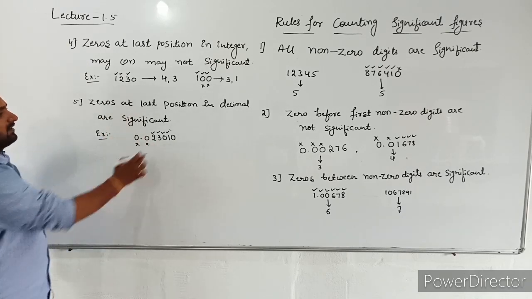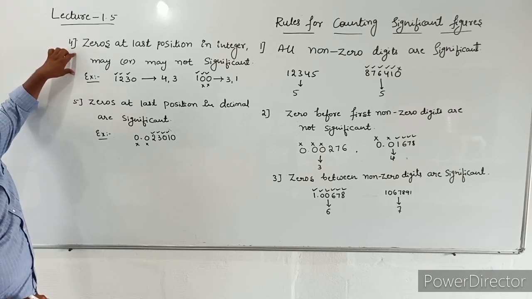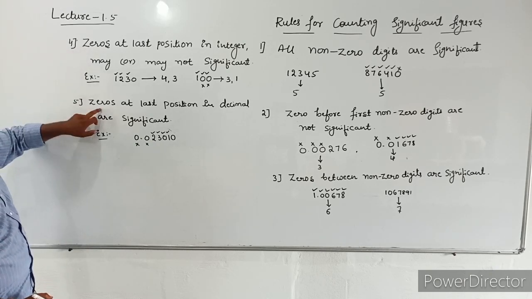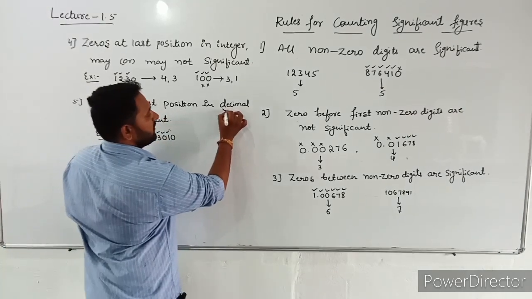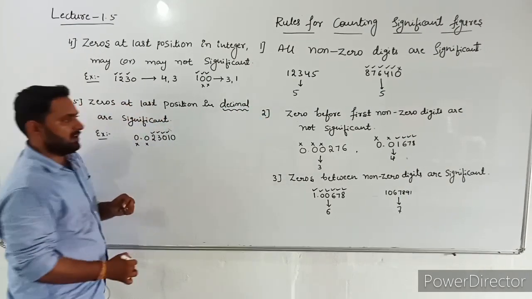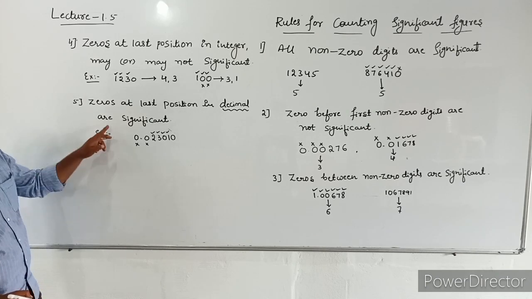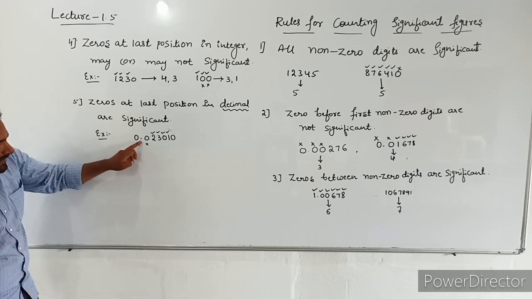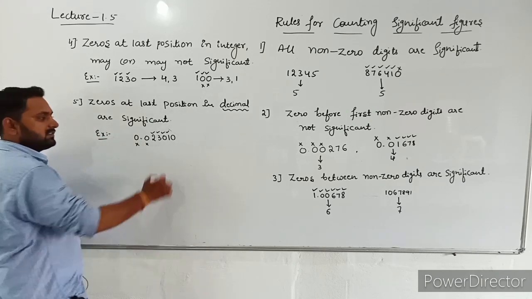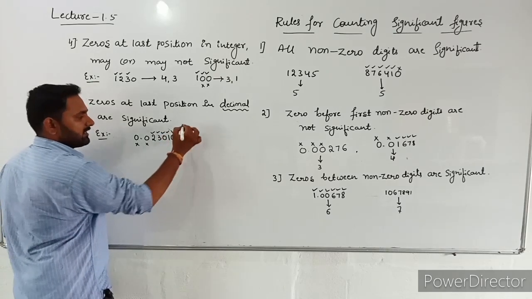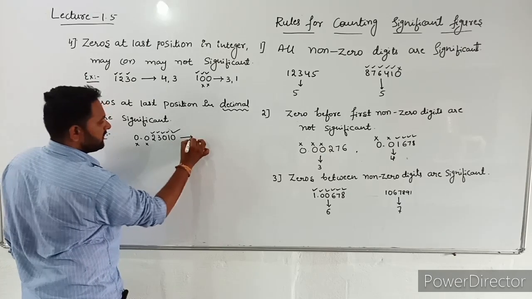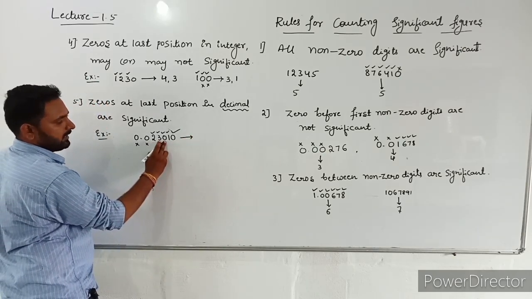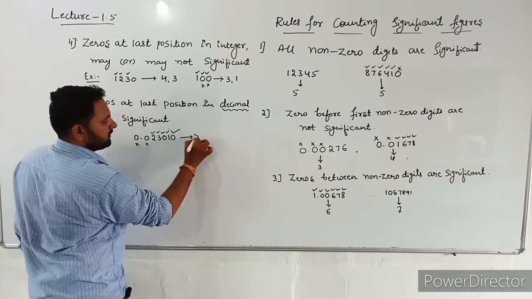See, here this fourth rule will not apply. Fifth rule: if zeros are present at the last position in decimal, they are significant. Here there is a decimal point, so this zero is significant. Now tell me how many significant figures are there? 1, 2, 3, 4, 5.